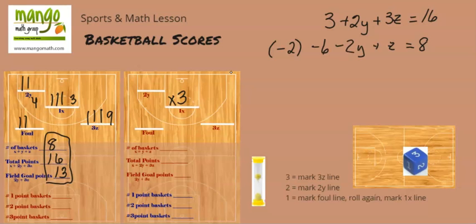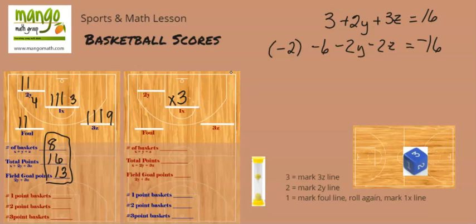And now I'm going to have a -2z also. So I'm going to erase that, and put in a -2z, and then that -2 times 8 is going to get me a -16.